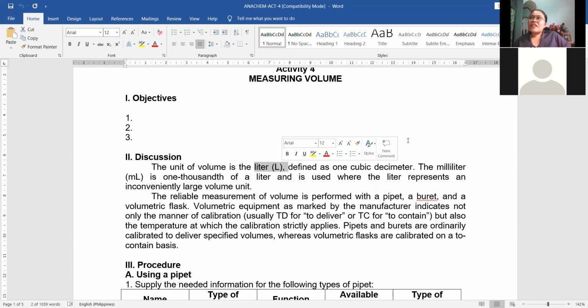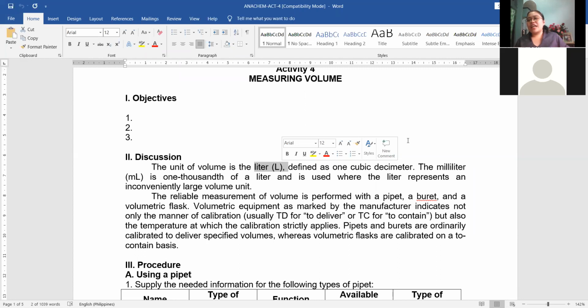Now, what are the apparatus in the lab that we can use to measure volume? We have the pipette, we also have the burette, and at the same time, the volumetric flask. Okay? So, itong mga apparatuses na ito are actually marked by the manufacturer and naka-indicate yung calibration nila.